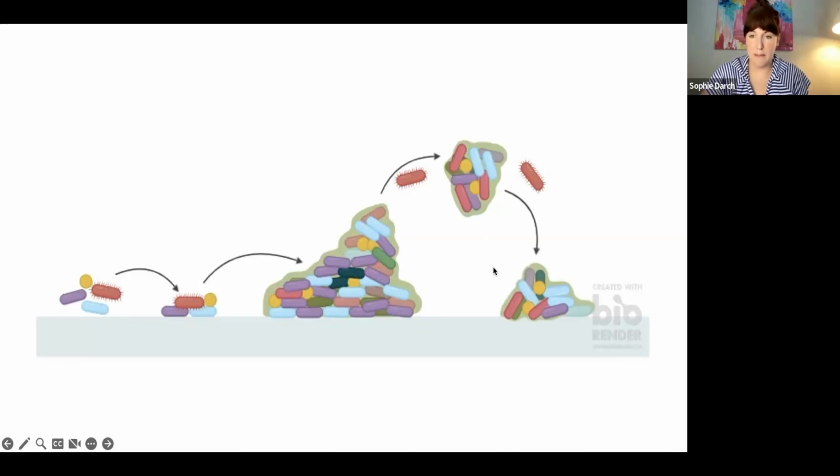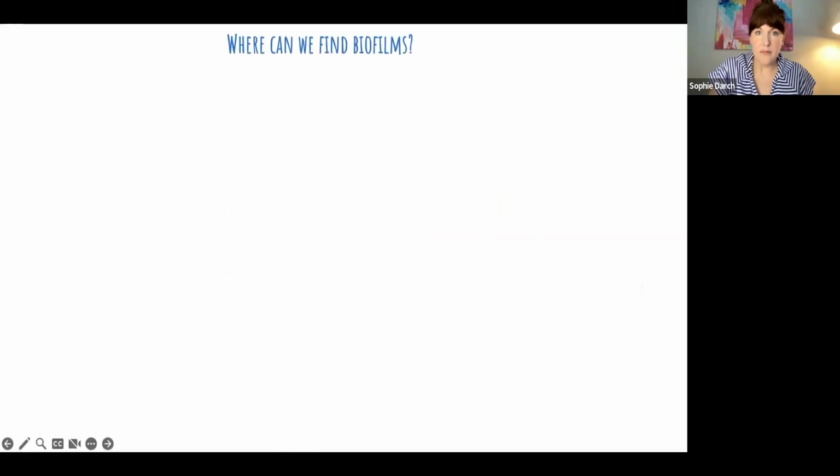That's really important if we want to treat an infection or something that's causing disease in a human or another host: how can we as scientists interfere at these different stages? We spend a lot of time thinking about how we can interact with those stages.